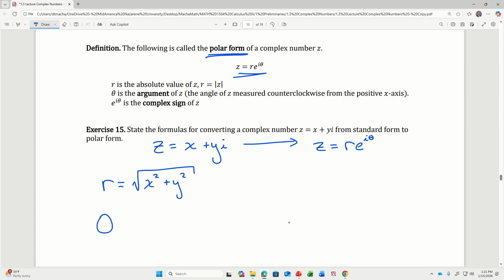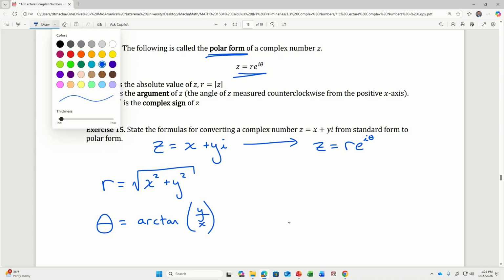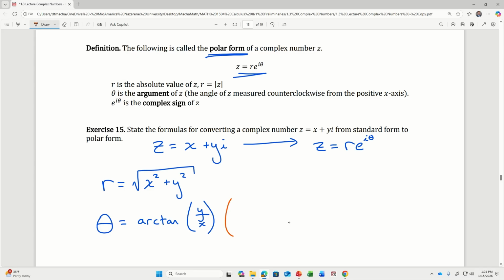And it would need to give you theta as a function of x and y. So that's going to be arctangent of y over x, plus pi if in quadrants 2 or 3. Because we talked about that in the last lecture.